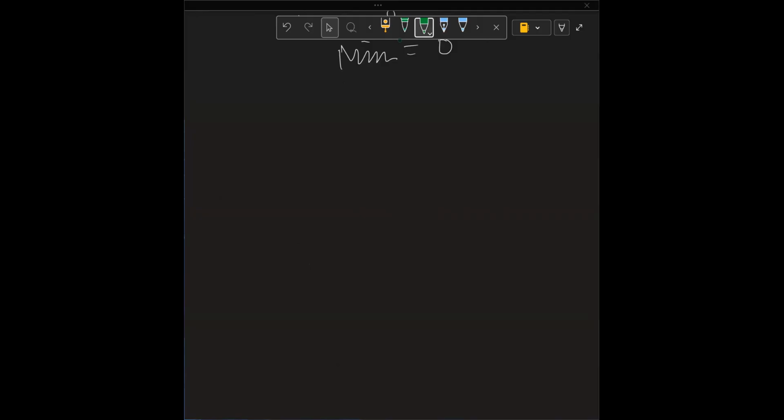Let's see. Y is equals to tan inverse x, and you have to show that 1 plus x square d2y upon dx square plus 2x dy by dx equals to 0.